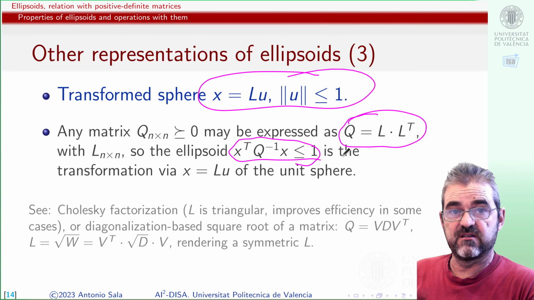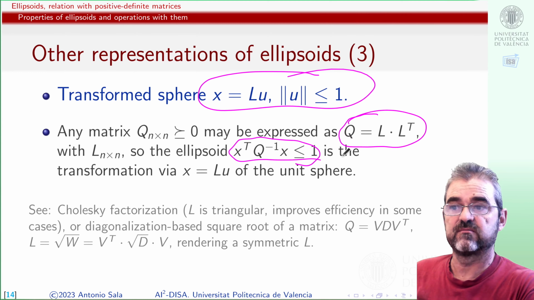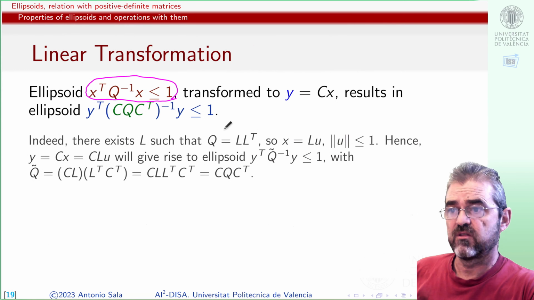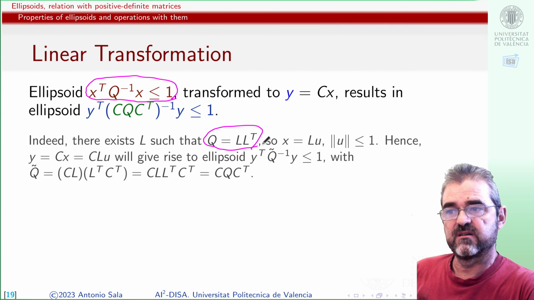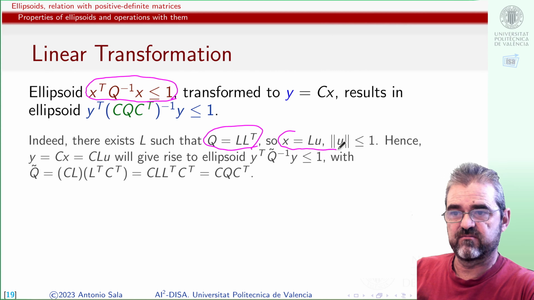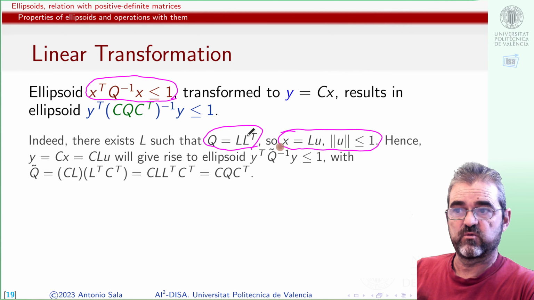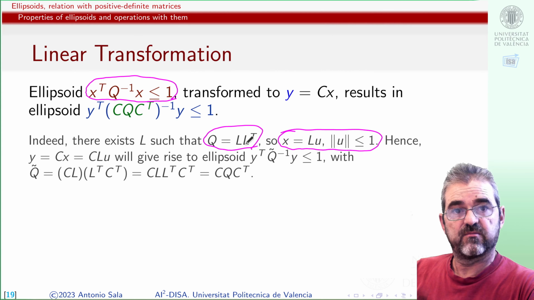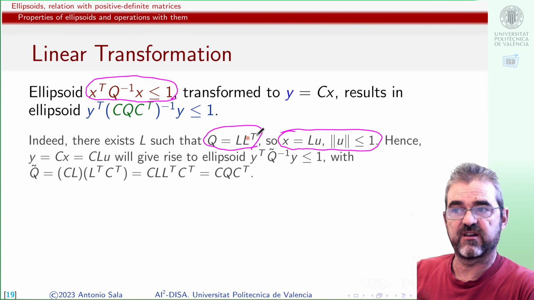And what happens if we are discussing the linear transformation of an already existing ellipsoid? Well, it's easy. The original ellipsoid will be some transformation of a sphere with matrix L, because any positive definite Q can have this factorization from Cholesky or eigenvalue, square root, or whatever. We explained that in a previous video.